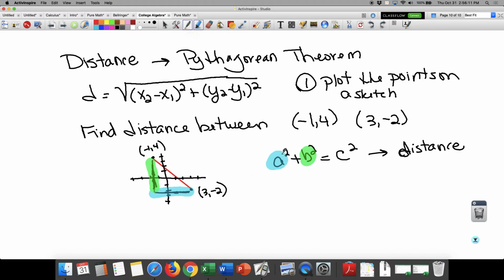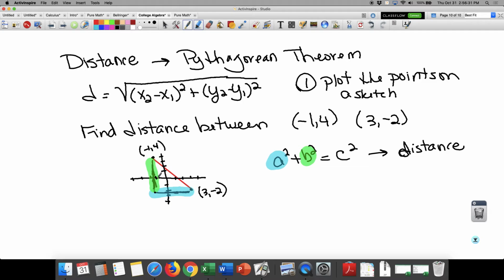So what is the length from here to here? Well, if this is -1 on the x, and yes, I've got off a little bit on my tick mark, so y'all excuse me, but this was -1 on my x, and this is 3 on my x.